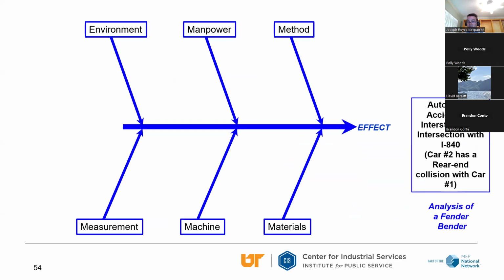Here's an example of one that we usually teach in a class, but everybody's probably been in a rear end accident. I've been in a couple of rear end accidents. Those of you that have been in a rear end accident, what might have been some of the causes? Anybody want to say what was the cause of their rear end accident? Distracted driver. A distracted driver.